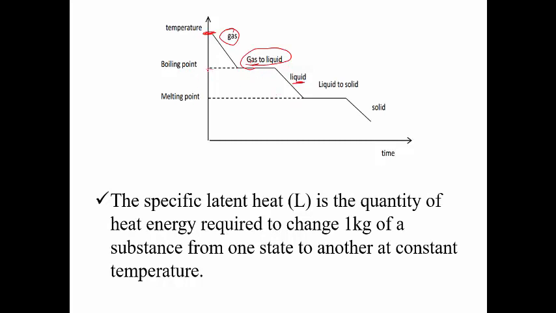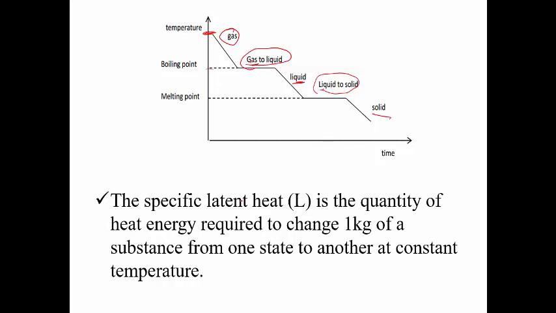And when the temperature decreases to the melting point, some of the liquid changes to solid and some remains liquid. That means at this point we have both liquid and solid. If the temperature decreases below the melting point, the substance all changes to solid. And this one is called the cooling curve. In this cooling curve there is loss of energy, therefore the substance loses its heat energy.